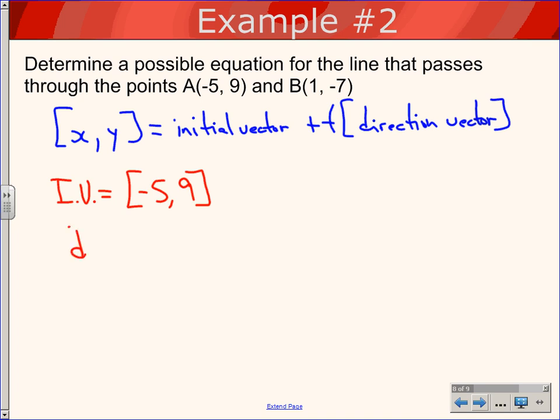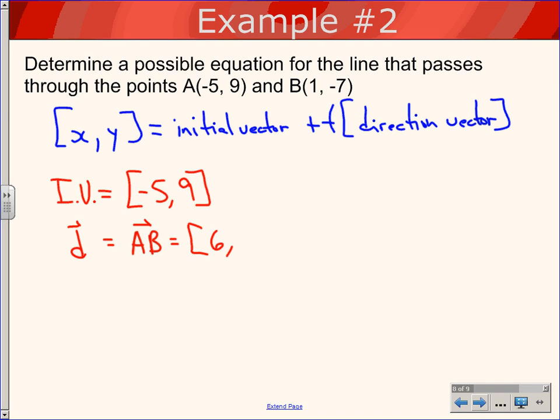Next part that we need is our direction vector. So the direction vector has to move along the line. It's a little bit trickier, but if you think about it, we know 2 points. And so if those 2 points A and B are on the line, then the vector from A to B has to be parallel to the line, right? It's got to be a direction vector. So if I want to get vector AB, what would that be? To go from minus 5 to 1, I added 6.